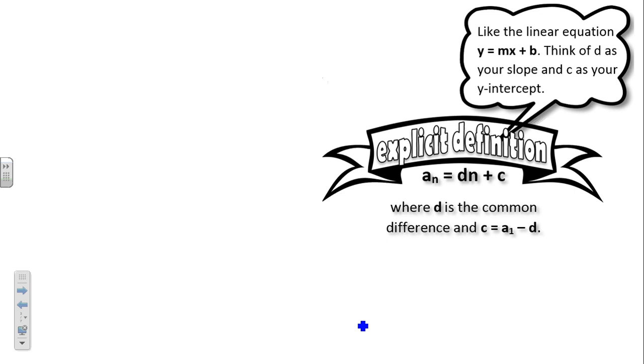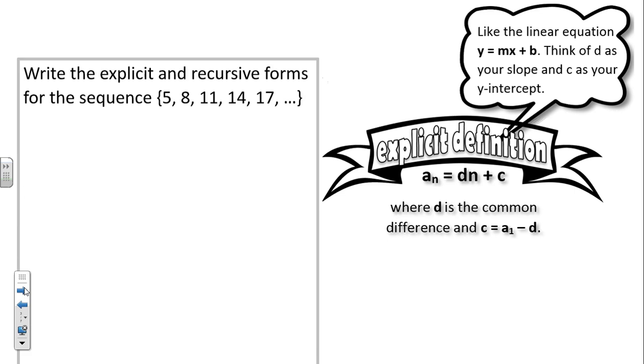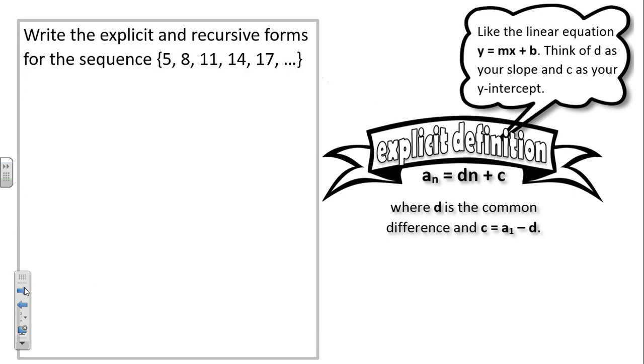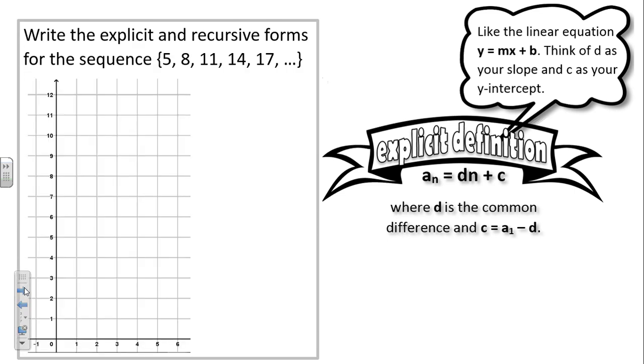Okay, so let's see what happens when we try to write the explicit and recursive forms for that sequence 5, 8, 11, 14, and 17. Let me draw that parallel to that line. So if we are in our first term, a sub 1, we're up here at 5.